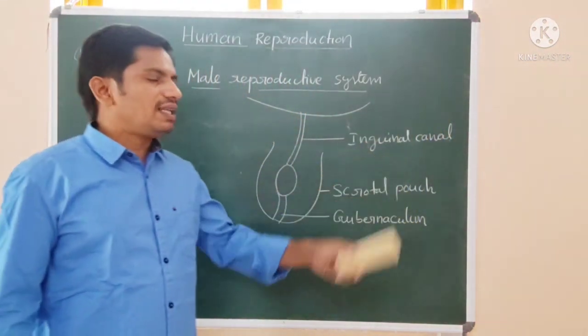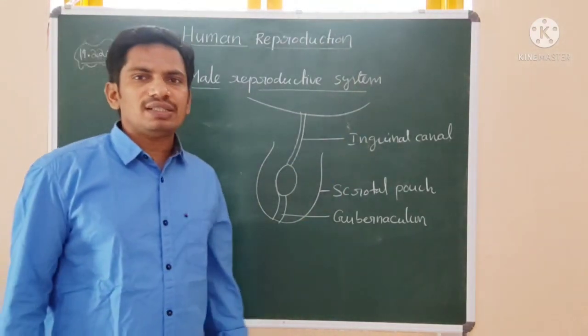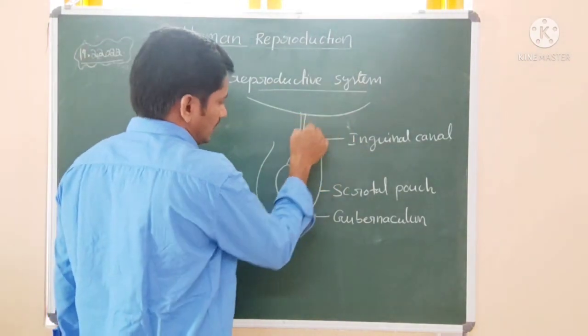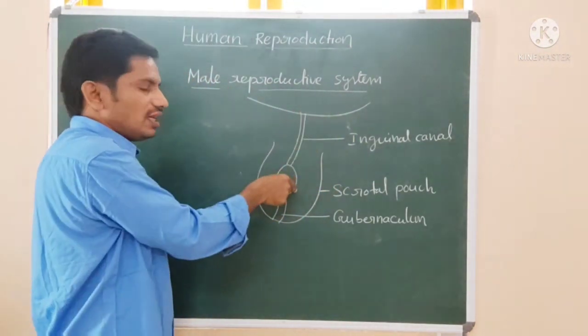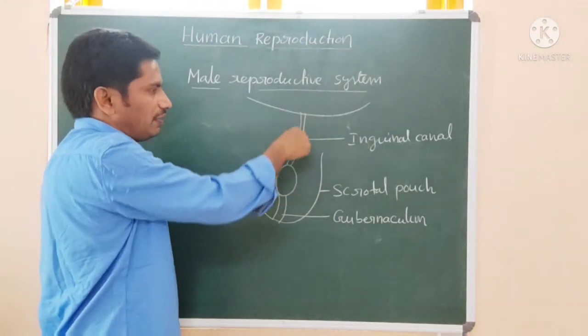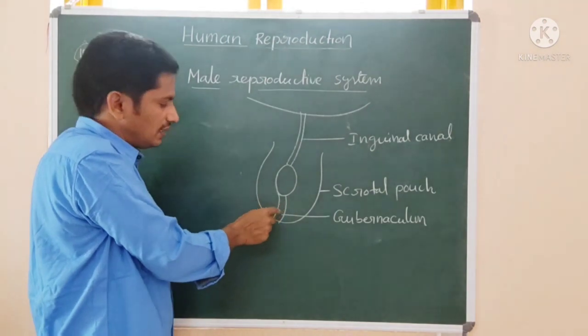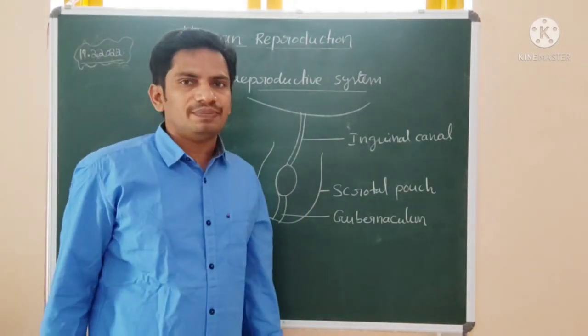You know about inguinal hernia, a common disease we notice in children. So this is the inguinal canal. The two testes are suspended into the scrotal sac with the help of the inguinal canal, and they are held in position with the help of the tissue called the gubernaculum.